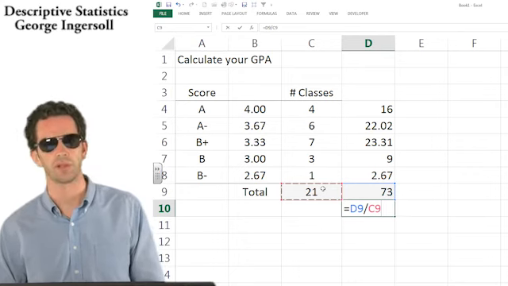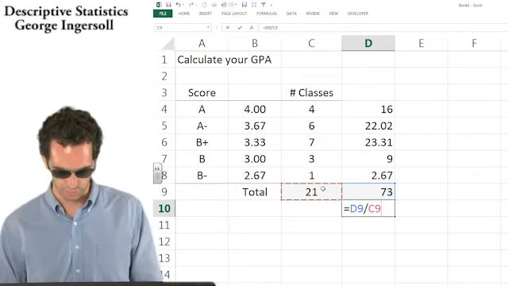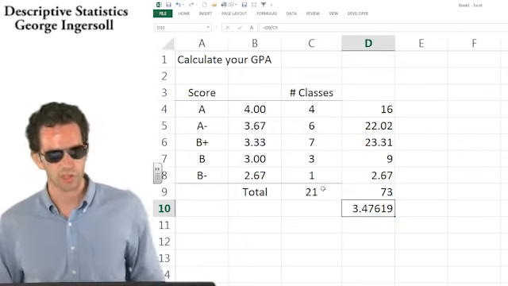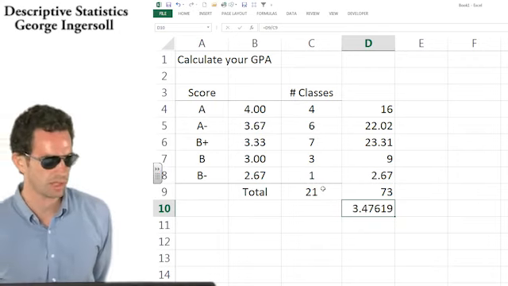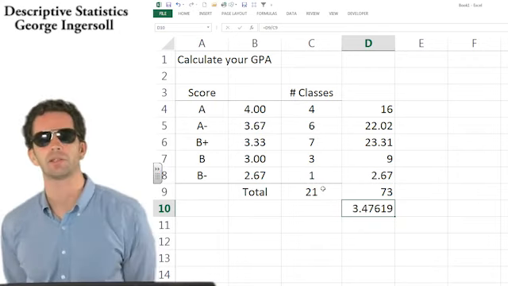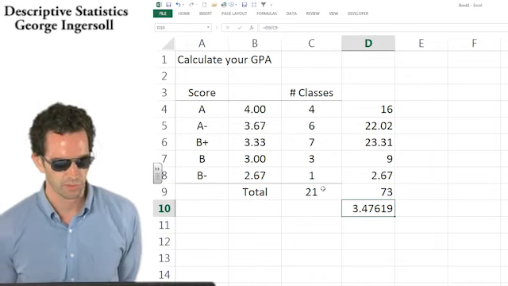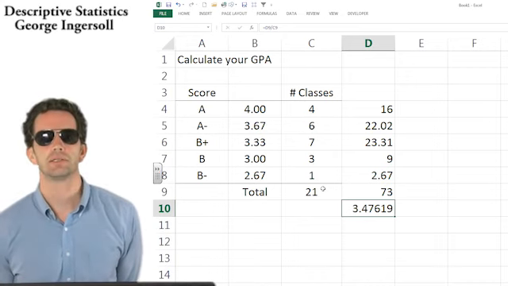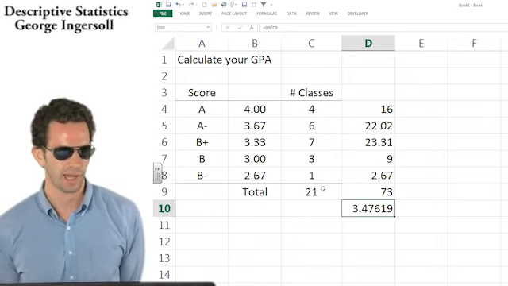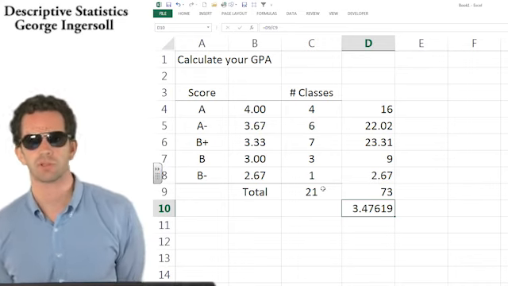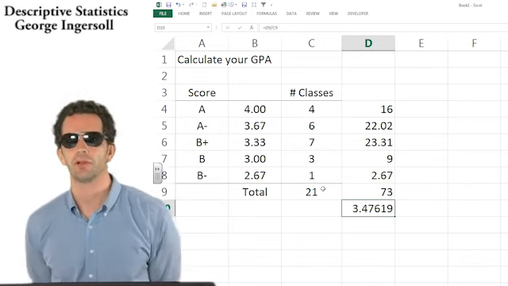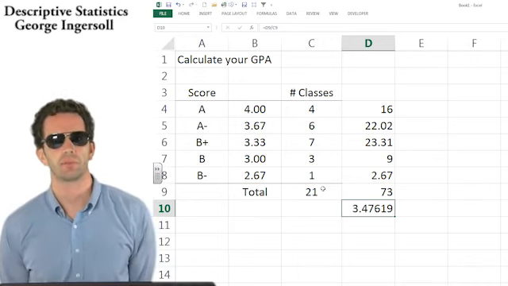So this is your GPA. It's just somewhere in the middle between an A- and a B+. So 3.48 is your GPA, and this is how you do a weighted average. You take the value times the frequency, add up all of those, then divide by the total number.